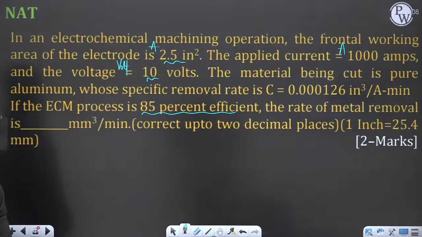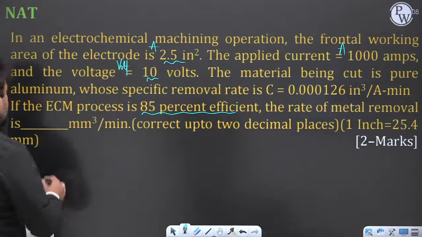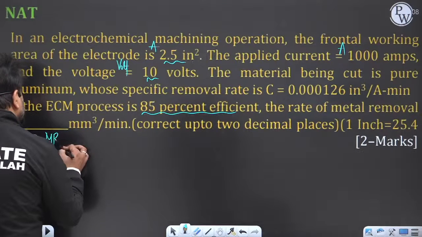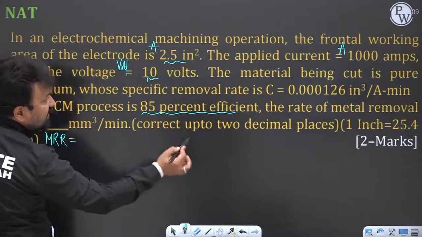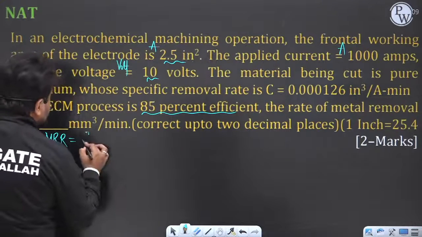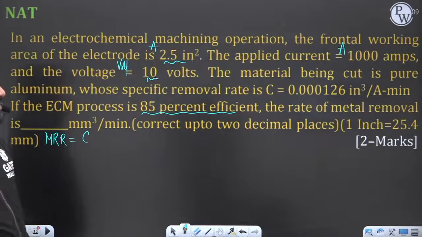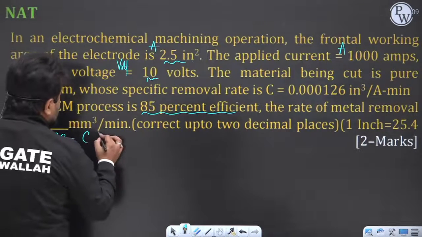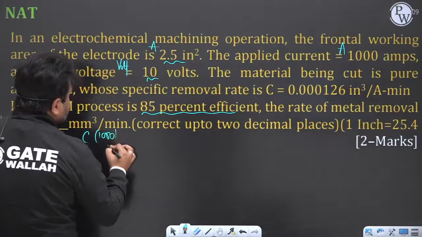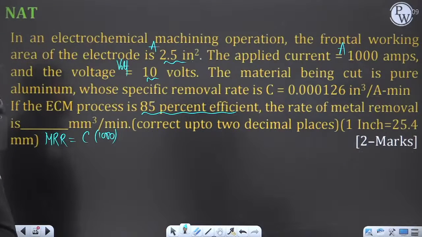Let's start this question. What will be our approach? Here the voltage is given, and the specific removal rate is also given. So first of all, you have to find out the material removal rate. Here C is given, in inch cube per ampere per minute, so multiply it with the current, and it will become inch cube per minute.